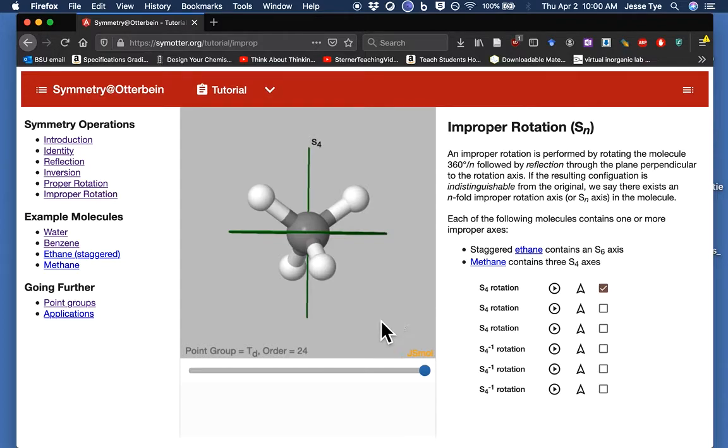One thing I really often will ask people to do on a quiz or exam is I might go in and label these 1, 2, 3, 4, 5. I would label the atoms and then ask you where the labels end up after I do the S4 operation or a reflection or an inversion operation. All right, I'll stop this video here and then we'll go into point group assignments in the next video.